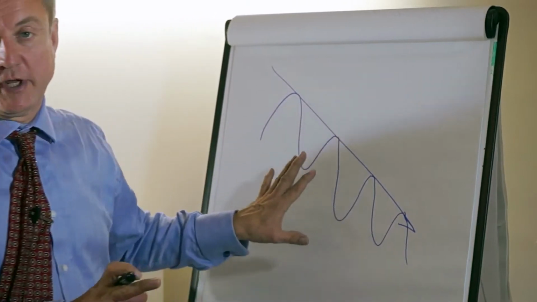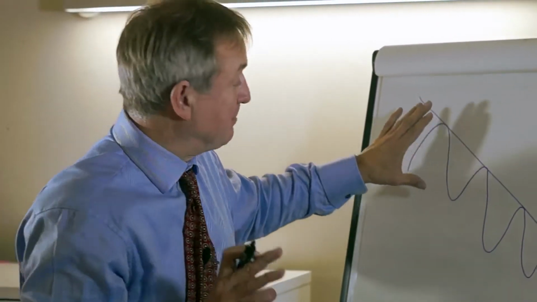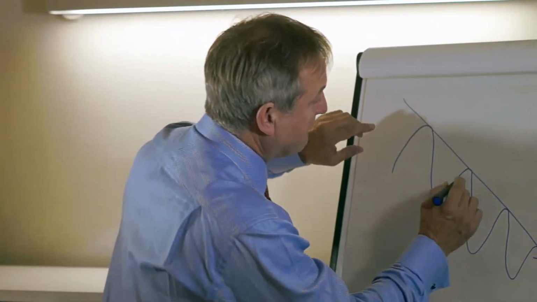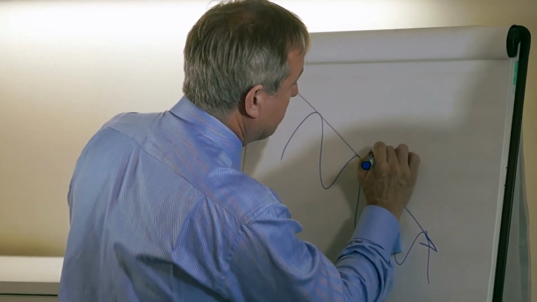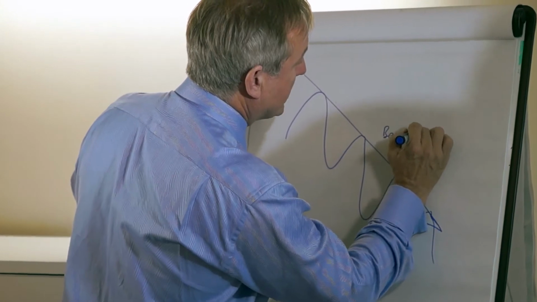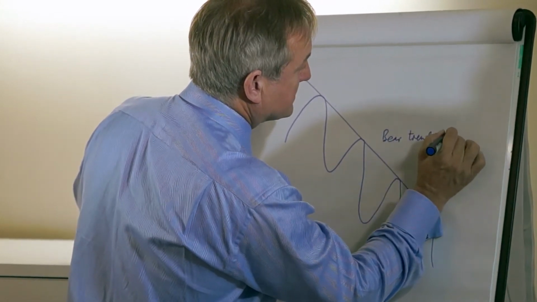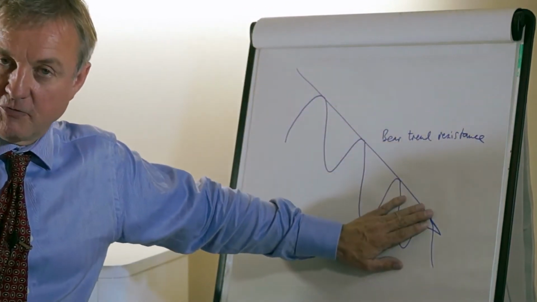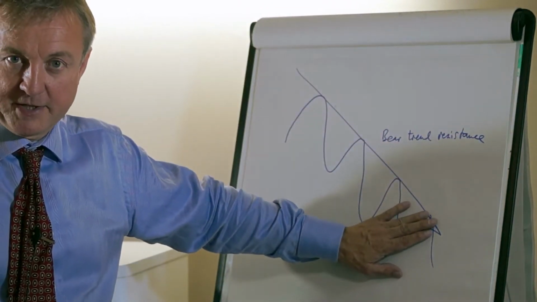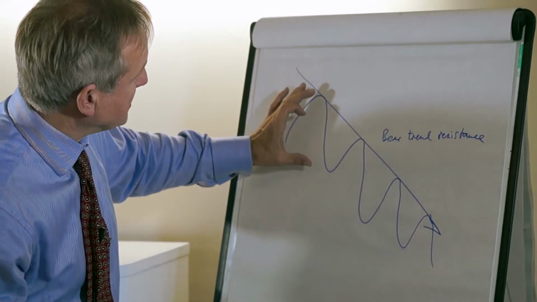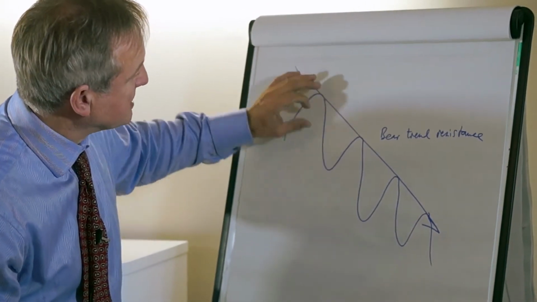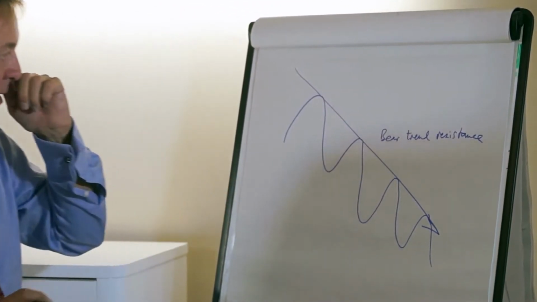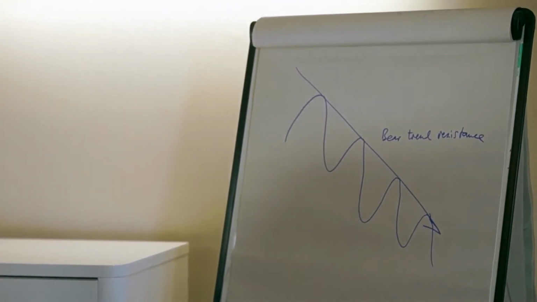The general notion of a trend in a bear trend is lower highs, lower lows, a succession of lower highs and lower lows. And the first thing that we look at is the bear trend resistance. This is what you would intuitively recognize to be the most obvious part of a bear trend. The bear trend is lower highs, lower lows, but the defining thing is this line here, which keeps the market driving down. That's called the bear trend line resistance.